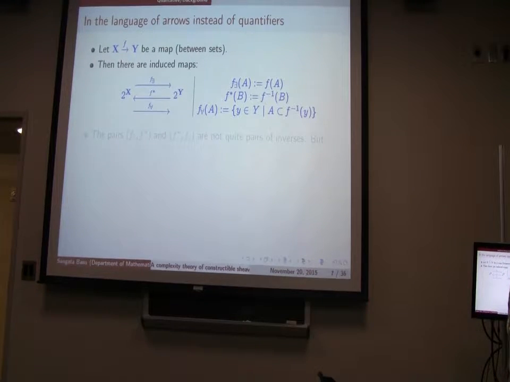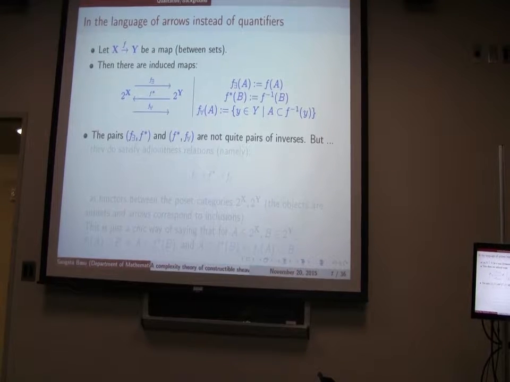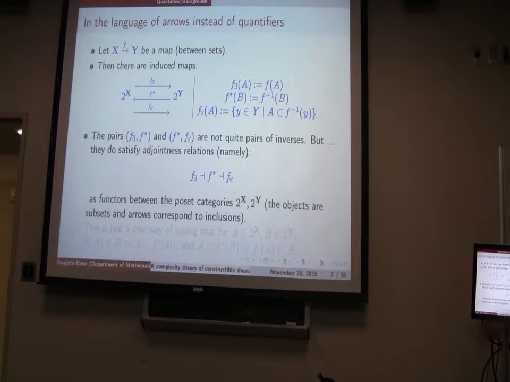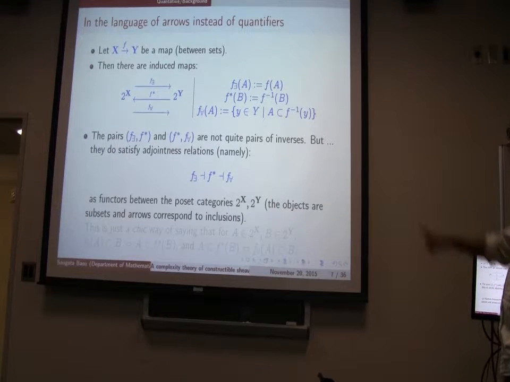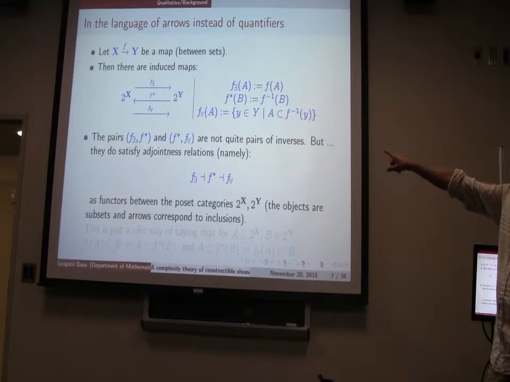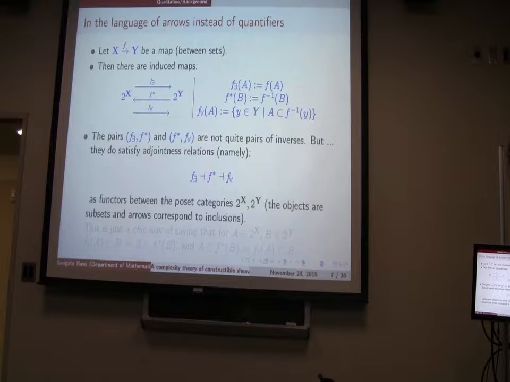And these pairs are not quite inverses of each other, of course, but there is a kind of adjointness relation which is also quite obvious. If you think of these power sets as a category whose arrows are just inclusions, then the existential one is left adjoint to the pullback, which is left adjoint to the universal.